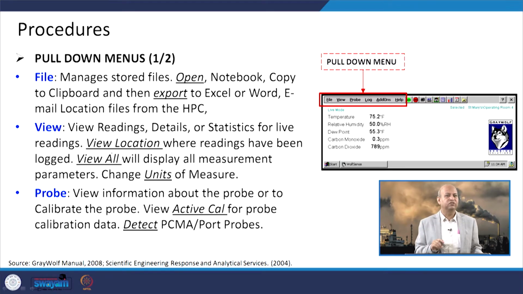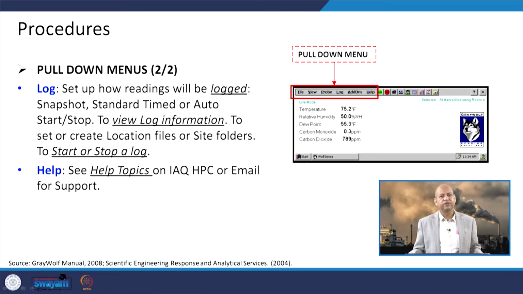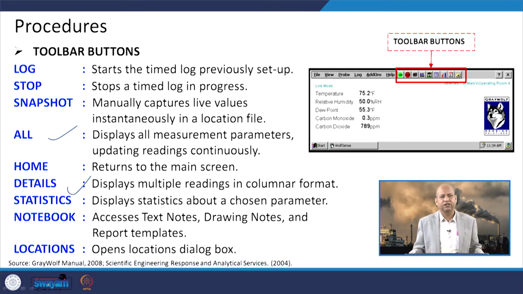So, the probe button is used for that particular purpose. Then log button is there to set up how readings will be logged. Snapshots can be taken manually or like that. Then help button is there, which can give you different topics, frequently asked topics, plus if we have certain queries we can email. So, those kinds of facilities are there.